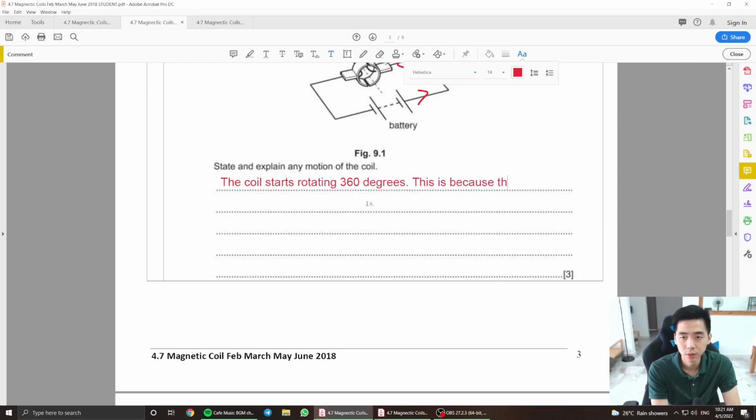This is because the current in the coil produces its own magnetic field in the coil, which interacts with the magnetic field from the permanent magnet.